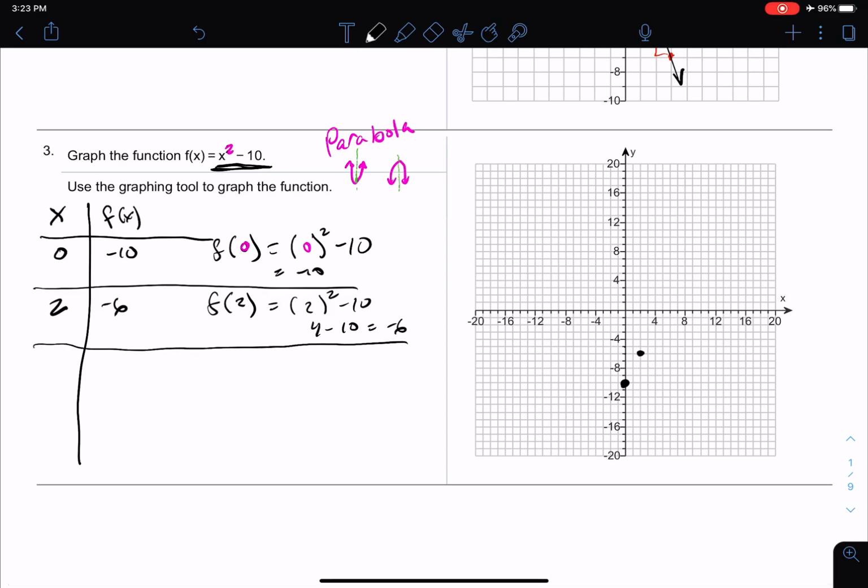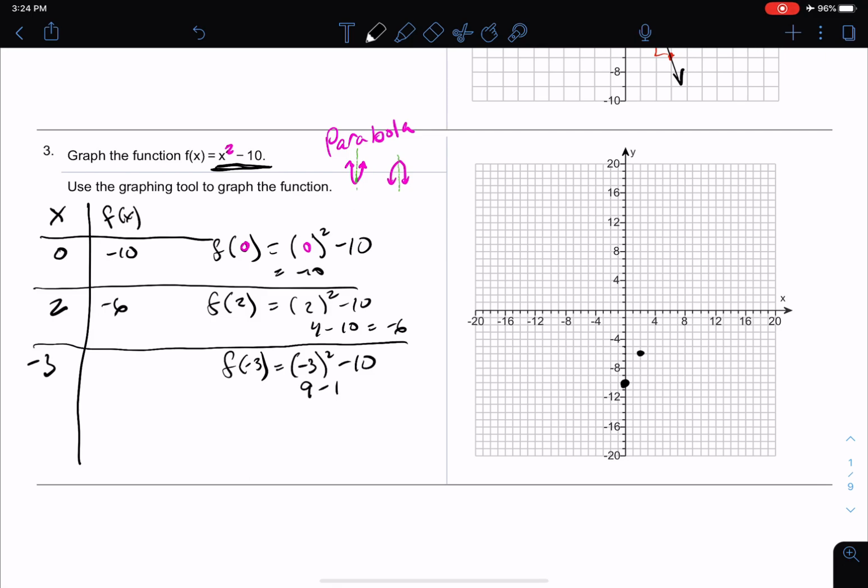Let's pick something else. Now, you see we know it makes a U. We don't know if it's opening down or up yet. I have a point here, and then I've got a point to the right. Let's go ahead and pick a negative value. How about negative 3? So if we pick negative 3, and of course we input that in for x, minus 10, so it's negative 3 squared.